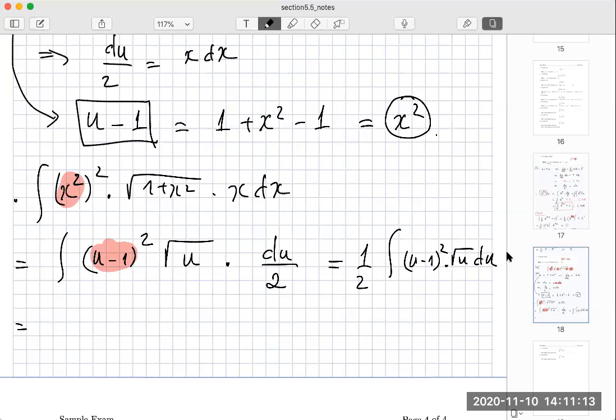Louder, please. Yes, we are finding the antiderivative in terms of u, but this is a product.